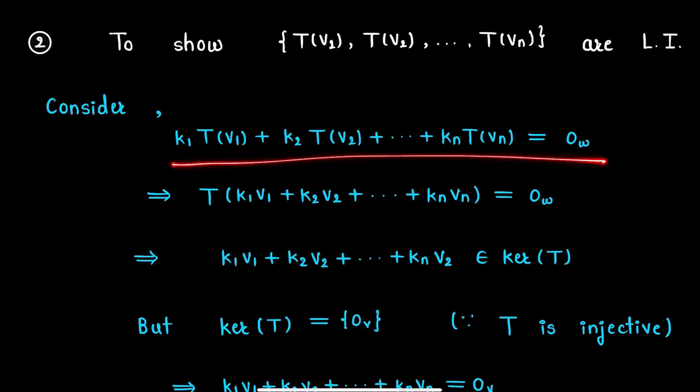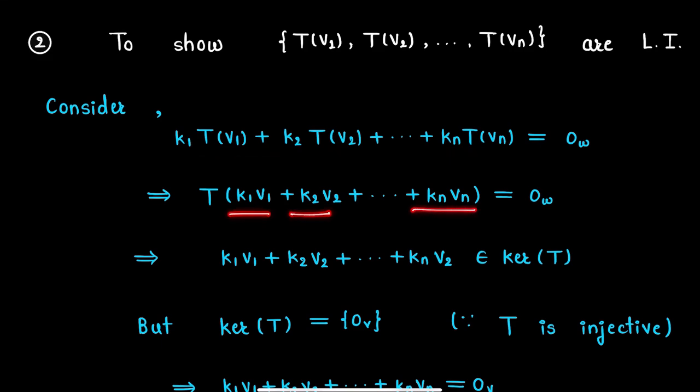Now this can be written as T of K1 V1 plus K2 V2 plus and so on plus Kn Vn, since T is a homomorphism, which is equal to the 0 vector in vector space W.